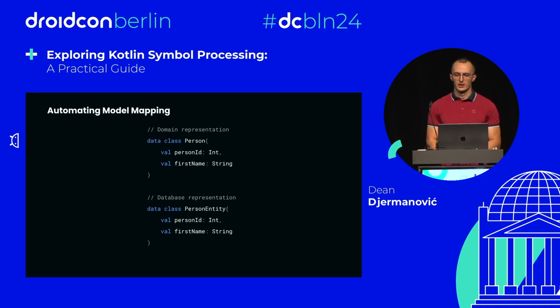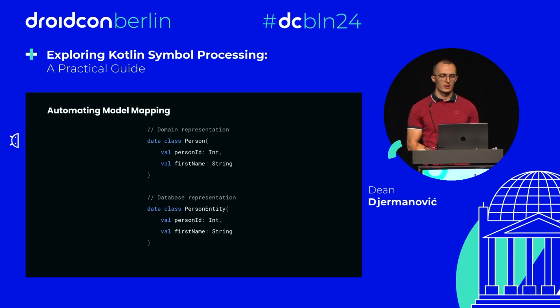First we have a Person data class, which is a domain representation of a person, and then we have a PersonEntity data class, which is the database representation of a person. In general, when you have multiple representations of the same entity, these representations often only differ in a couple of properties, if they differ at all. In our case, for simplicity, these two representations are exactly the same.